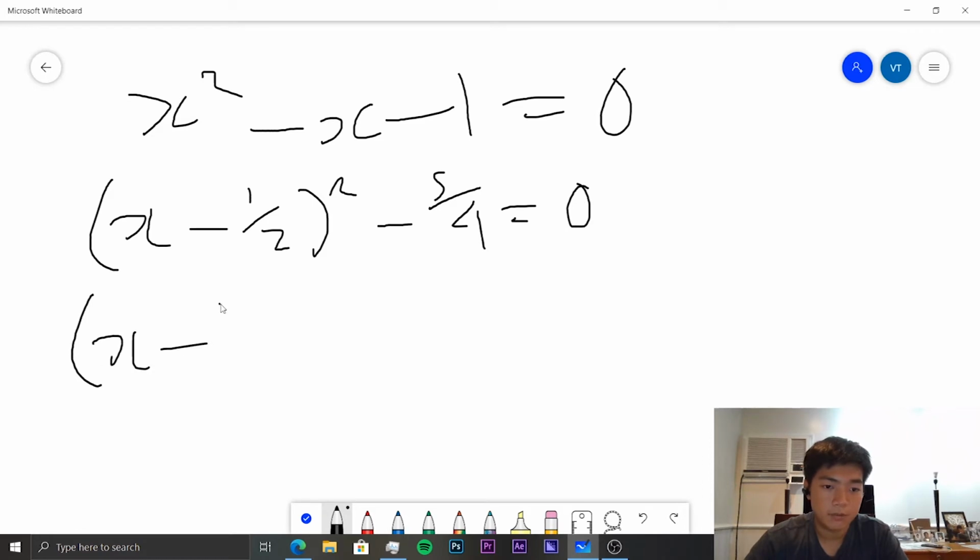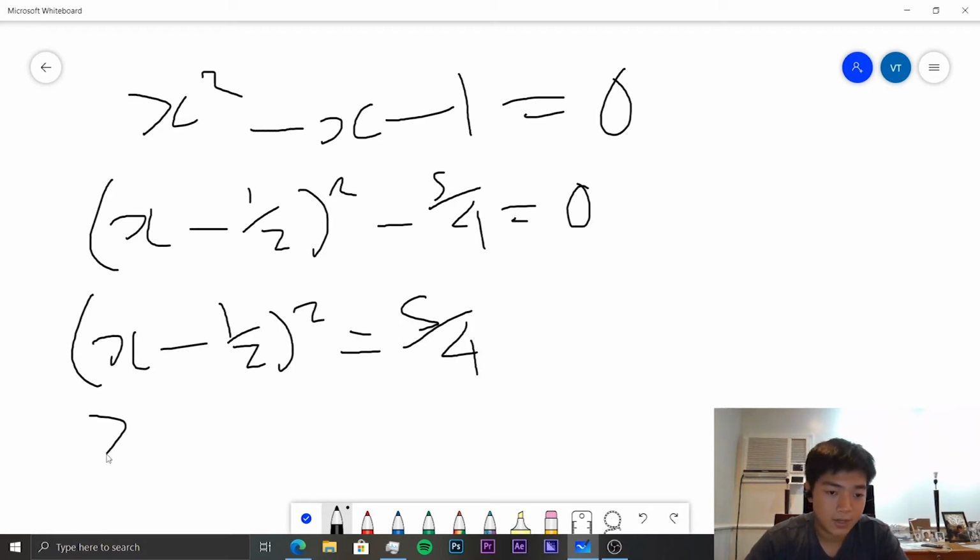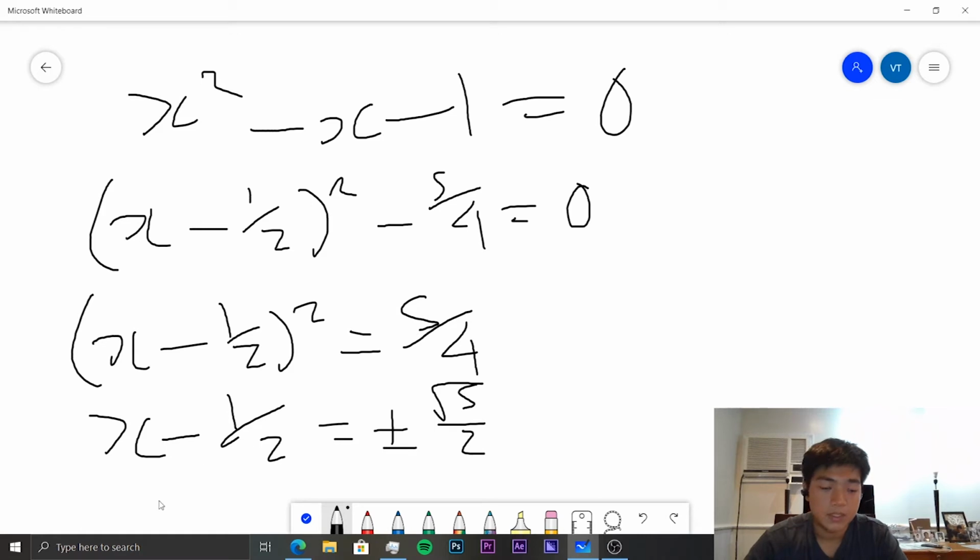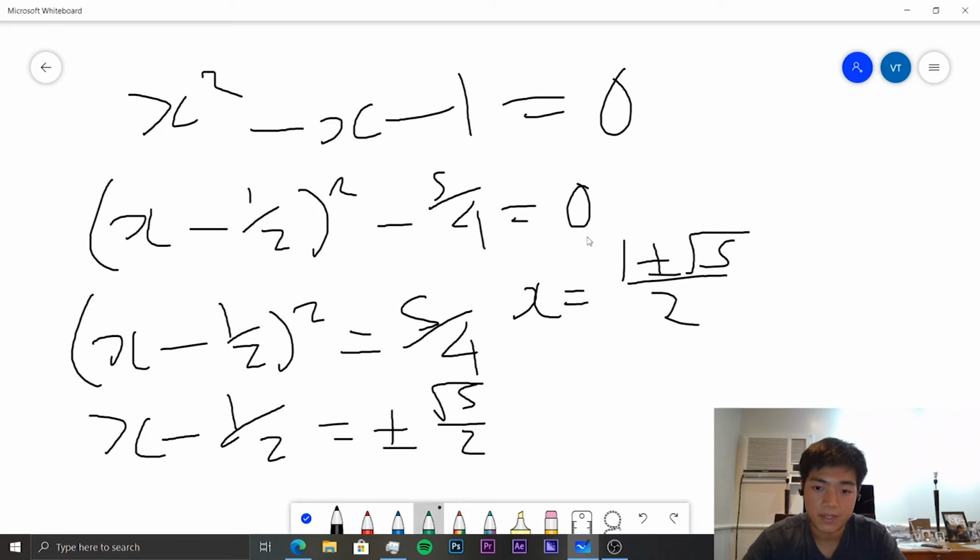So x minus 1/2 squared is equal to 5/4, and so x minus 1/2 is equal to plus or minus root 5 over 2. So we have x is equal to 1/2 plus or minus root 5 over 2, or we can express this as one fraction: 1 plus or minus root 5, over 2. That would be our final answer.